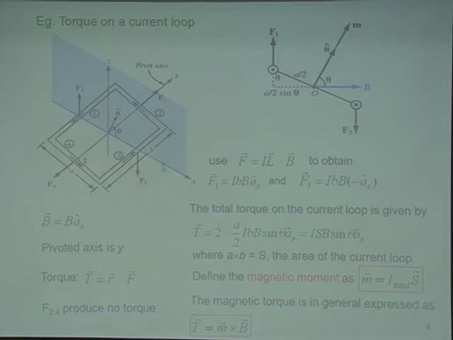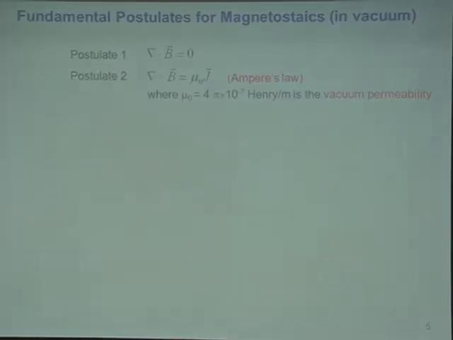Okay, now let's go back to the fundamental postulates for a magnetic field. Just like the electric field, we have two fundamental postulates. That is curl of E equal to 0 and divergence of D equal to the volume charge density.